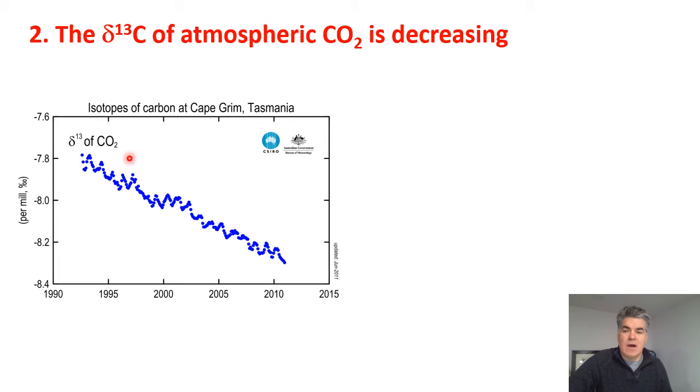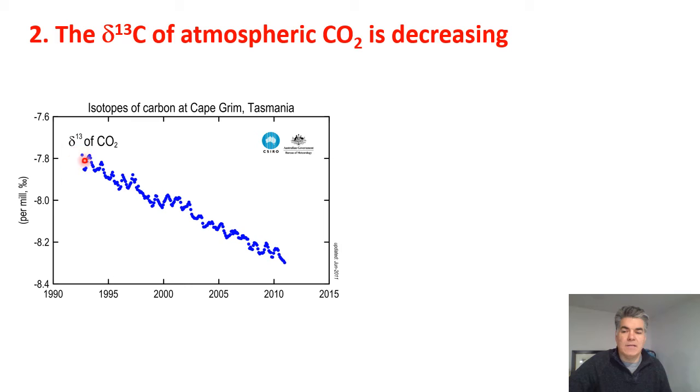And the measurement of the delta C13 of the CO2 in the atmosphere has been showing a steady decrease. Okay, this is not a huge decrease in terms of per mil, so this is the same per mil notation that we use for delta O18 when we're dealing with ice cores. But here we're measuring the delta C13 of the atmospheric carbon dioxide.